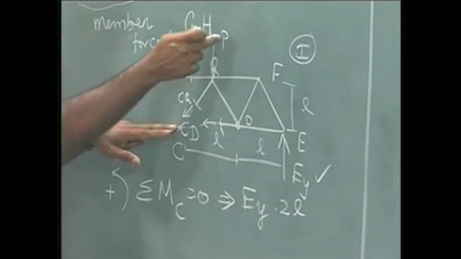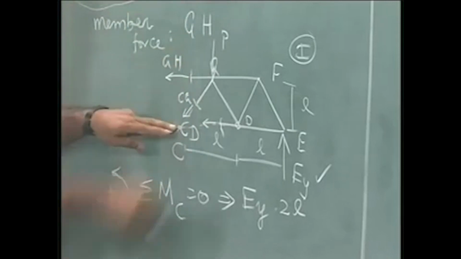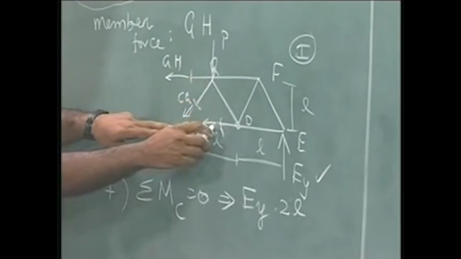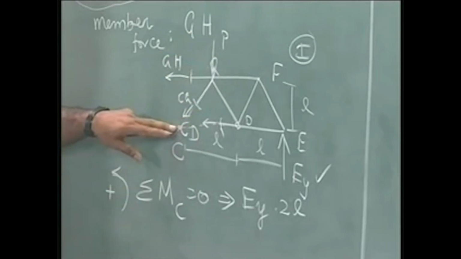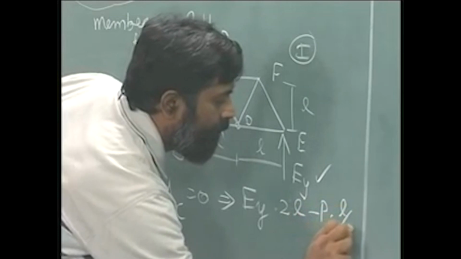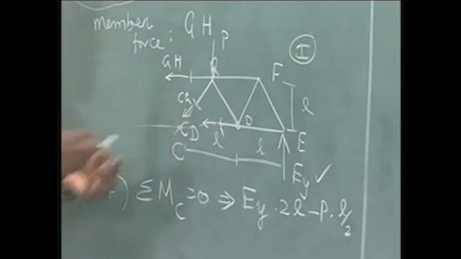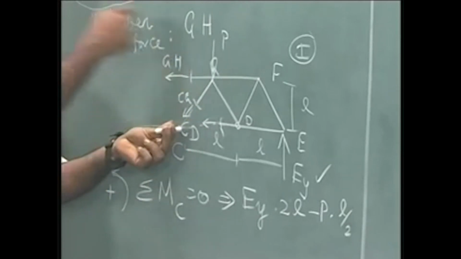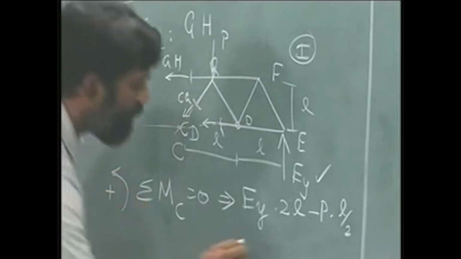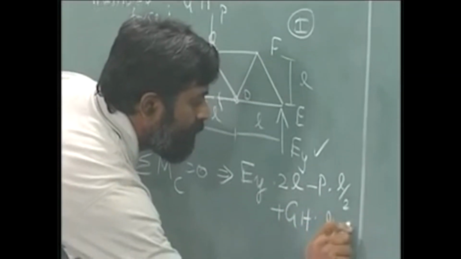The other force that is existing is P, and that is in the clockwise sense about C, at L by 2 from C, and therefore it is minus P times L by 2. Is there any other force? GH is acting. GH is in the anti-clockwise sense and the height is equal to L, so it is plus GH times L equals 0.